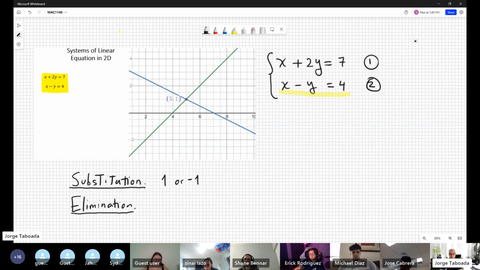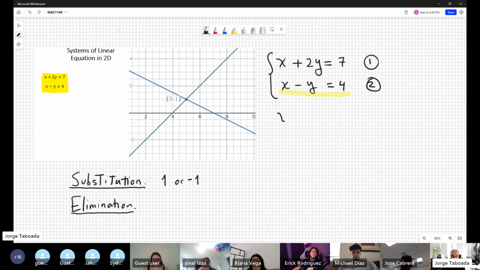So I seek in the equation 2, well, the coefficient of the variable x is 1, or the coefficient of y is negative 1, and also in the equation 1 happens similar. Okay, the coefficient is 1. So I take advantage of this one, no? So now you take the equation 2, in my opinion, the easier equation.